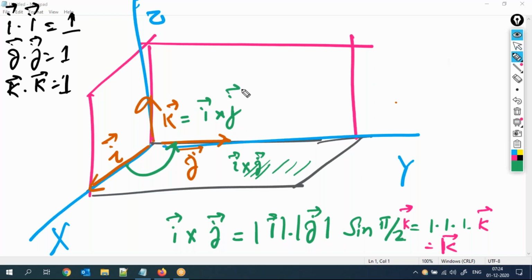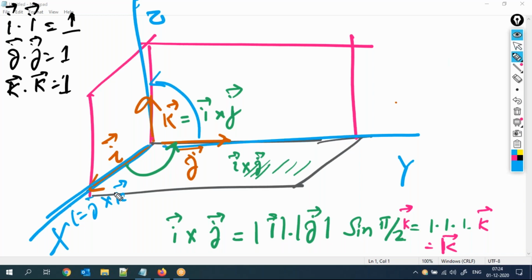Any question? No, sir. So you can write similarly, this one is i equal to j cross k, right?